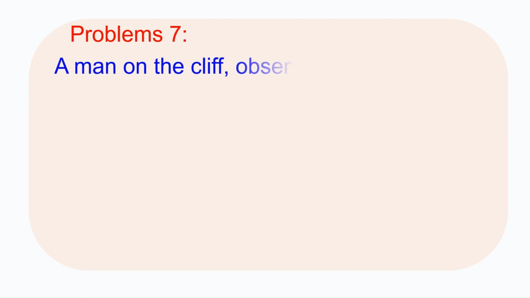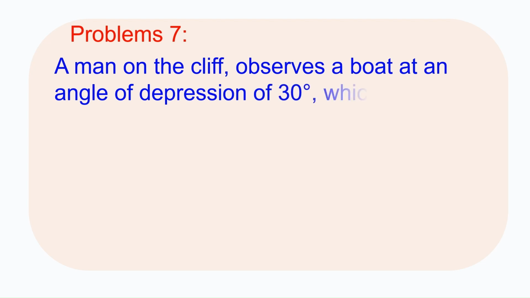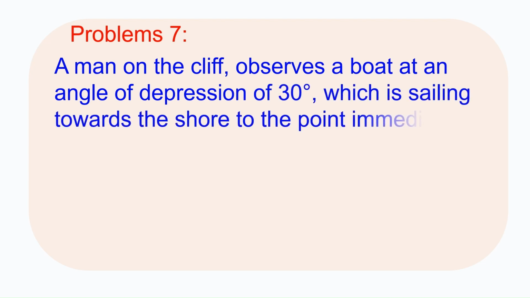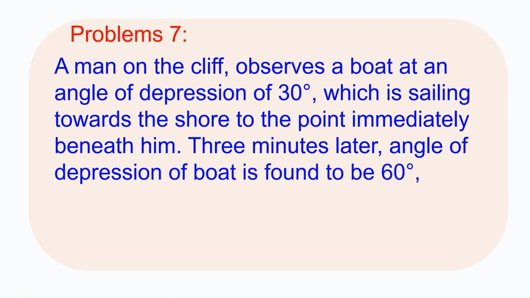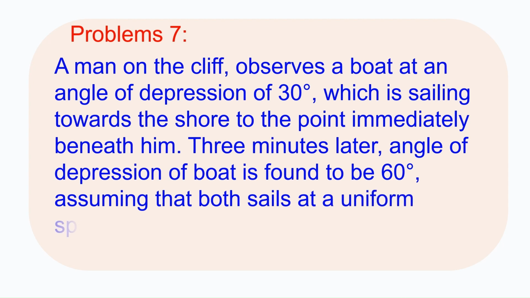Problem number 7. A man on a cliff observes a boat at an angle of depression of 30 degrees, which is sailing towards the shore to the point immediately beneath him. Three minutes later, the angle of depression of the boat is found to be 60 degrees.